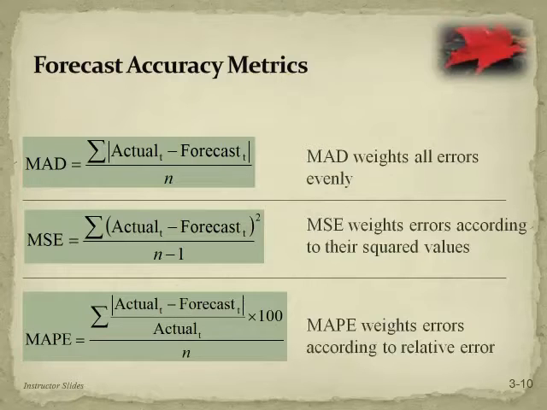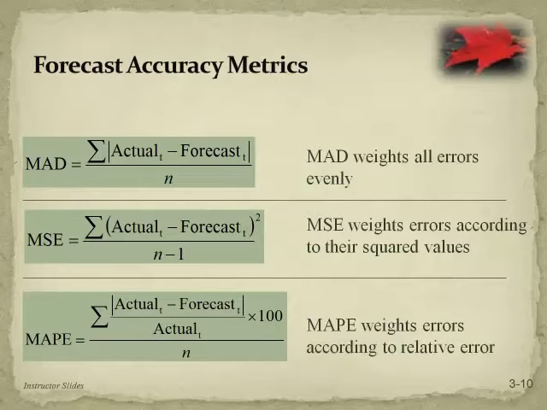It could be 20 too high, it could be 20 too low, but on average, it is wrong by 20. So therefore, we would expect our future forecast to also be wrong by 20, 20 too high, or maybe even 20 too low.